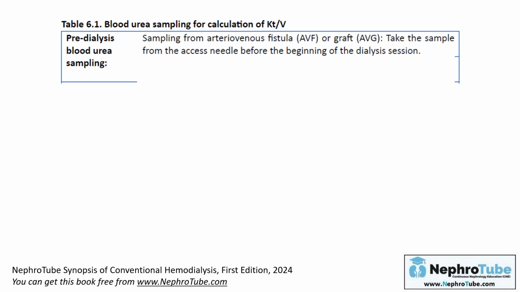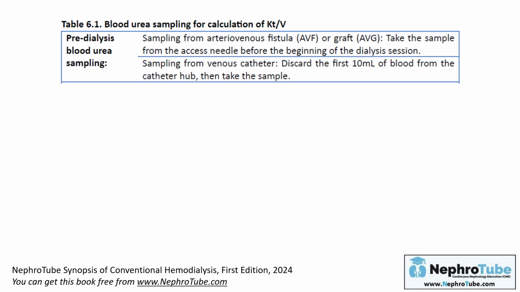Okay, important points on how to collect blood urea sampling for calculation of KT over V. These instructions will be used for blood urea sampling for every equation used for measuring delivered KT over V. First of all, for pre-dialysis blood urea sampling, if the patient is using arteriovenous fistula or graft, take the sample from the access needle before beginning of the dialysis session, before connecting the patient to the hemodialysis machine.